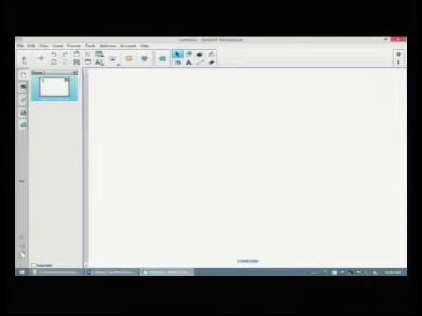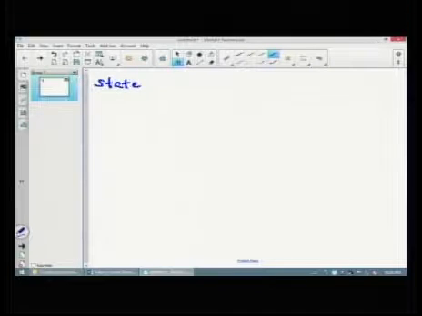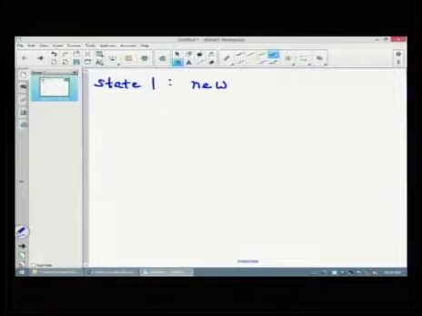Okay, what if we define 4 states? For example, let's say state number 1 represents the new refrigerator as well as the replaced.